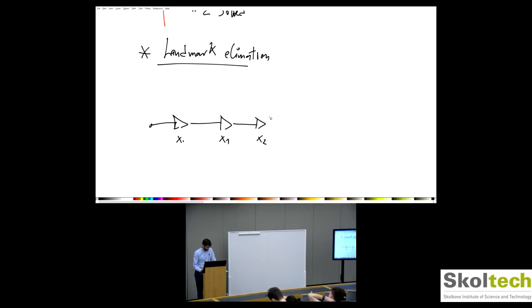Here, this is another example for you maybe to practice sketching these things. I'm just going to do a small part of it. If you sketch this, it's going to look like this. Here we have odometries, and then here we have some observations, in this case, landmark 1 and landmark 2.